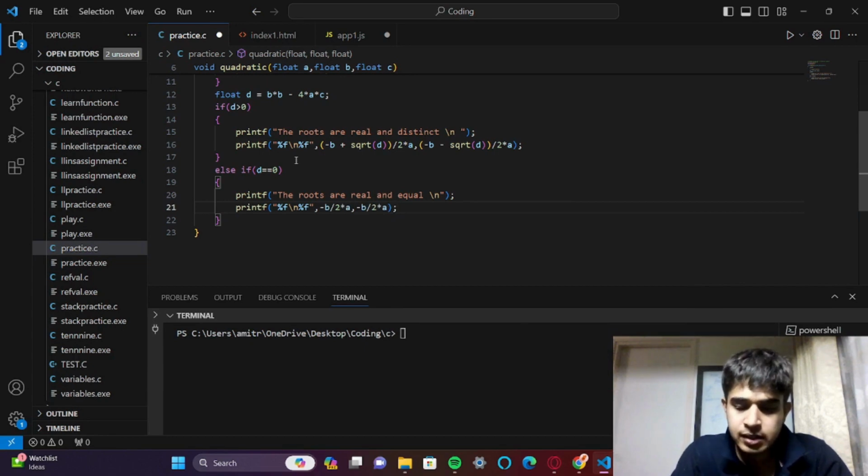So this takes care of the case where the discriminant is equal to 0, and else, this will be for d less than 0.